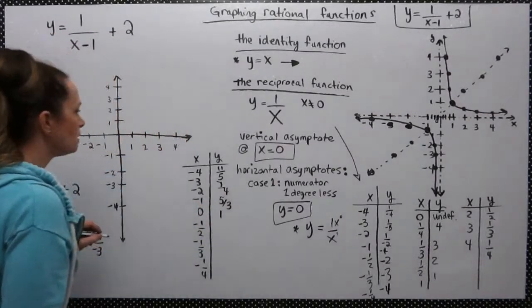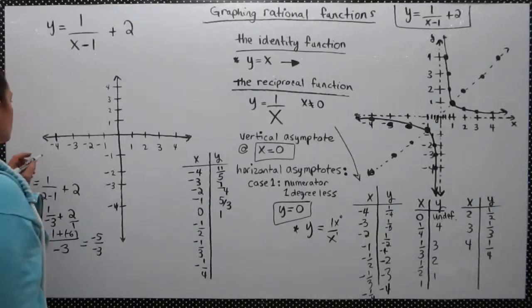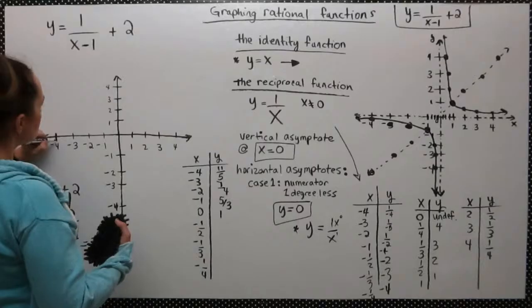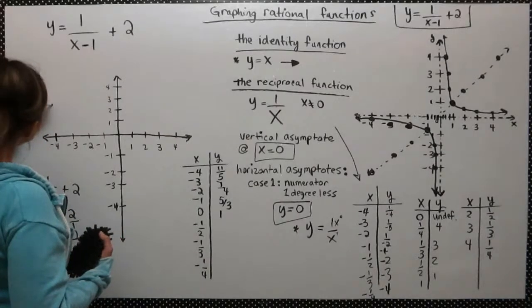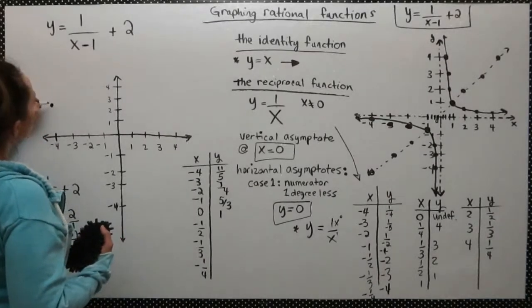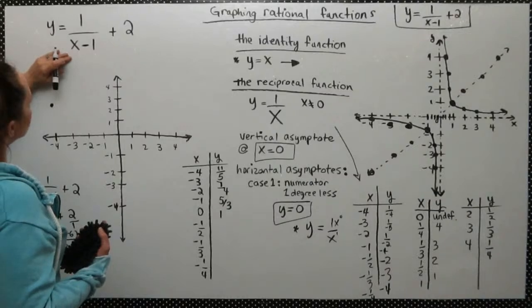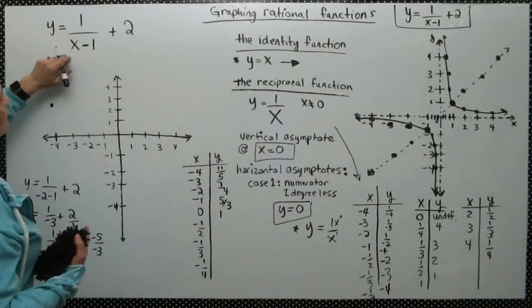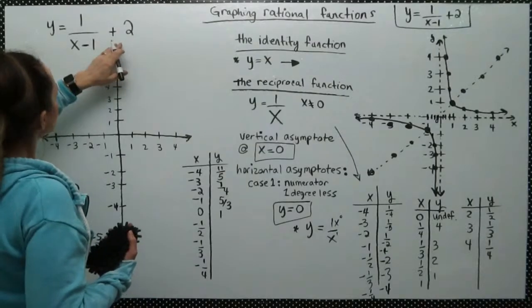All right, let's go ahead and plot some of these points and see where we're at. So we've got -4 and 11/5. That's slightly bigger than 2. Oh yeah, also, we need to go ahead and figure out where the asymptote is. You have to actually add this.